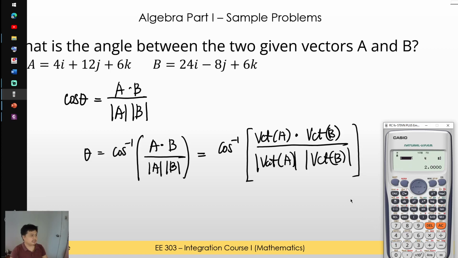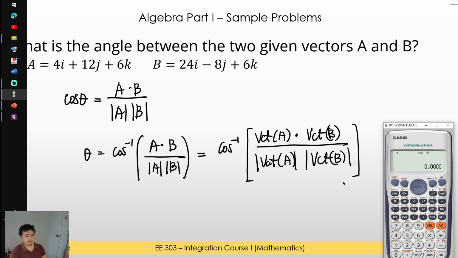So you'll change this vector A as 4, 12, and 6. And then for the other vector, vector B, we have 24, negative 8, and 6.